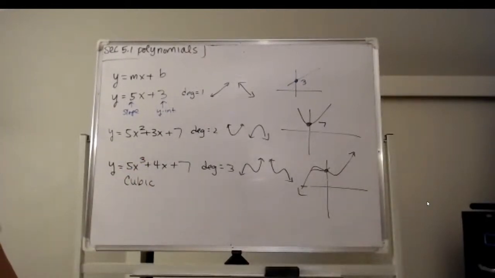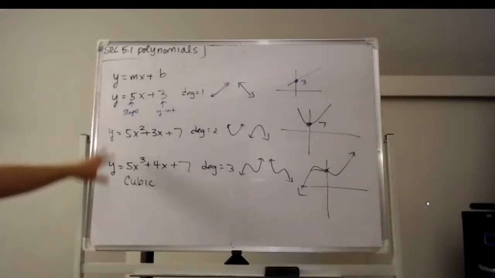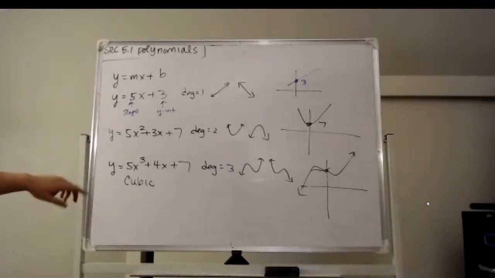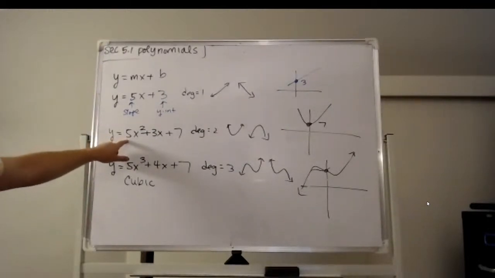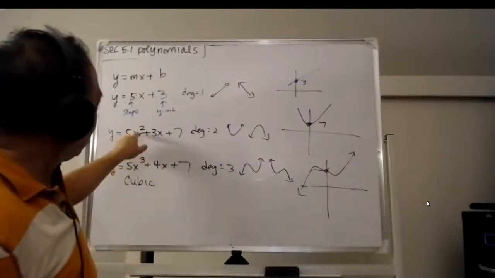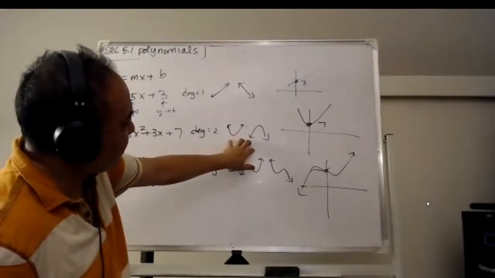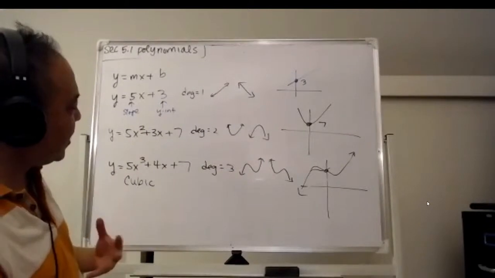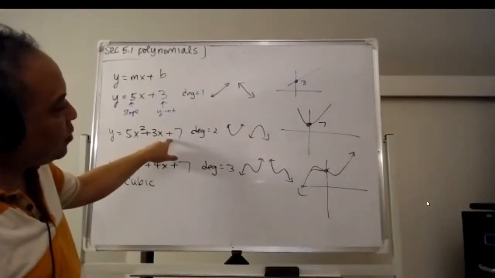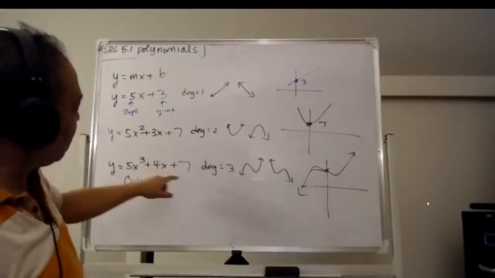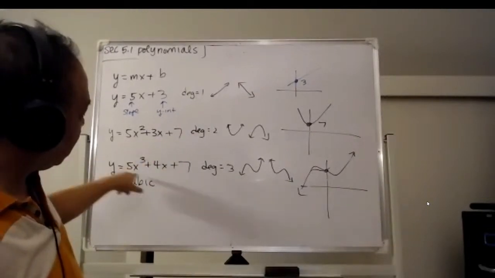A cubic changes direction twice. Okay. So the nice thing about polynomials is that using the degree will tell me what my shape looks like. How many times do I change direction? The constant at the end will tell me what my y-intercept is, no matter what else is here.